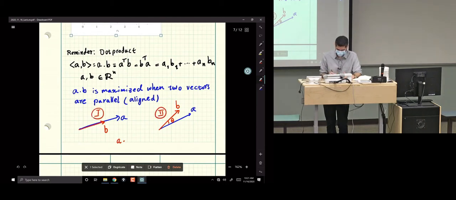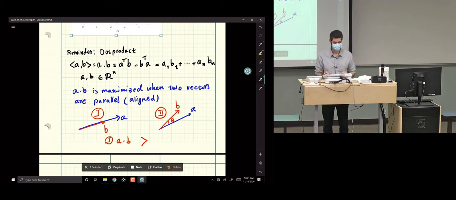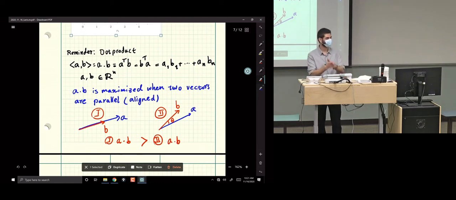A dot B, I'm just going to use this notation. It's a little non-standard, but I guess you understand what I'm saying. This is bigger than, A and B are the same vectors. Okay, so this is as good as it gets. When they're aligned, they're in complete agreement.